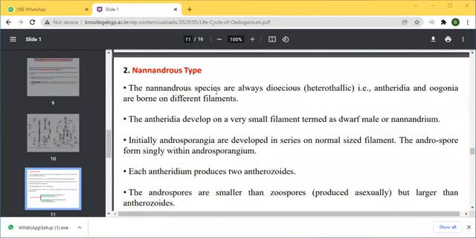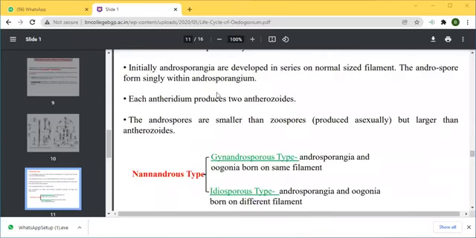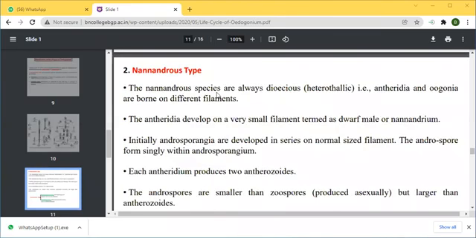Next, what is the Nannandrous type? Nannandrous species are always dioecious, girls. Listen carefully: compared to the Macrandrous, here Nannandrous species are always dioecious.